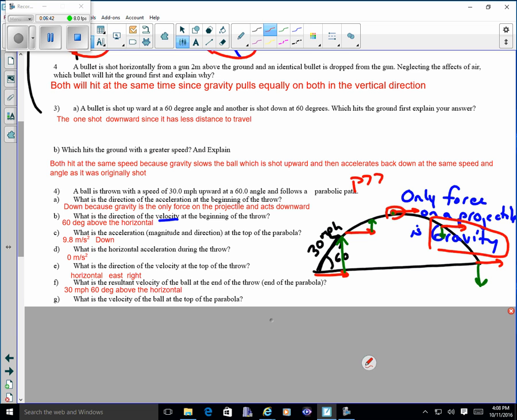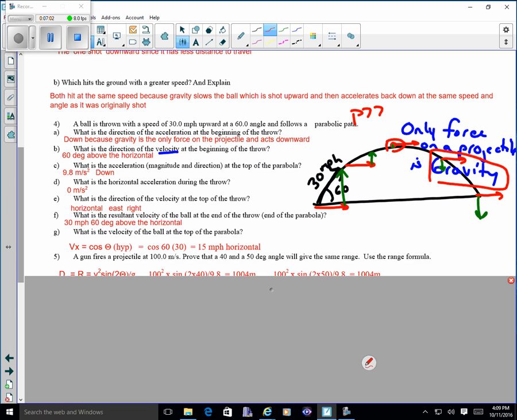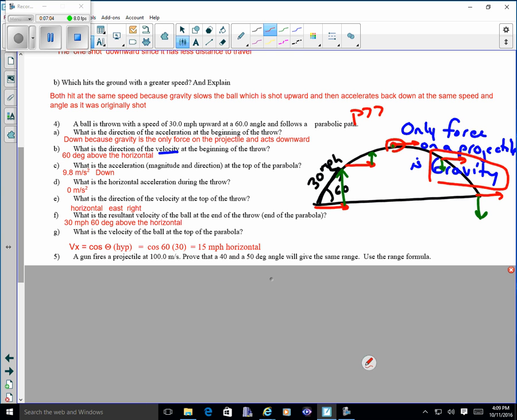And the next part gets a little bit trickier here. What's the velocity at the top of the parabola? Well, a lot of people want to say 0 because gravity would have slowed it down to 0. But that's not the case. Each one of these red lines is the same length. So you see how this red line here is the adjacent side, the green line is the opposite side, and the 30 miles an hour line is the hypotenuse? Well, since I know the hypotenuse and I'm trying to find the adjacent side, what you have to use here is the formula for cosine.